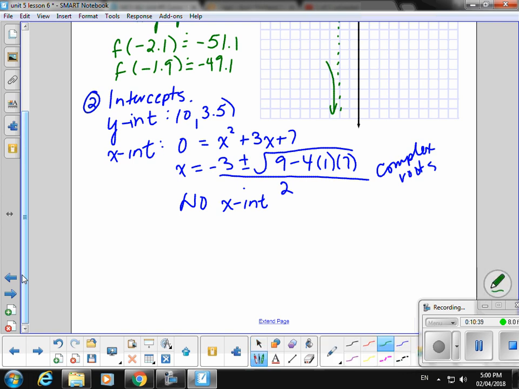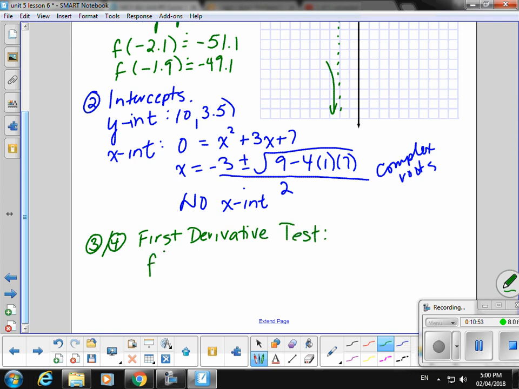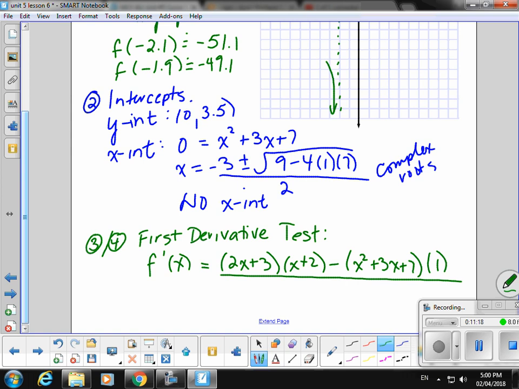Number 3 and 4. We are going to do the first derivative test by finding our critical points and determining if they're maximums and minimums in the interval. So we need to look at the derivative and see when it is 0 or undefined. My derivative is going to be, all right, we got a quotient again. Derivative of the first times the second, subtract the first times the derivative of the second, which just happens to be 1, all over the second squared.